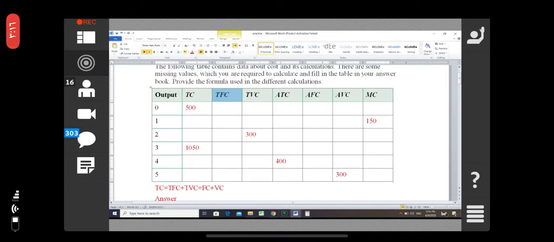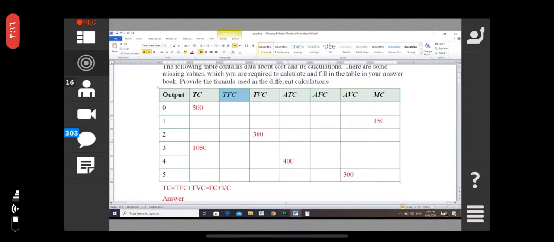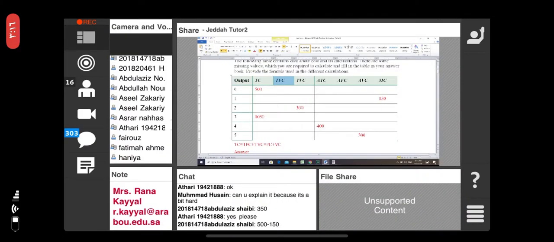So whenever I read the word fixed cost, that means we are in the short term. A fixed cost is usually something fixed, such as wages, things I have to pay all the time. The variable cost is the cost that varies with the quantity produced.